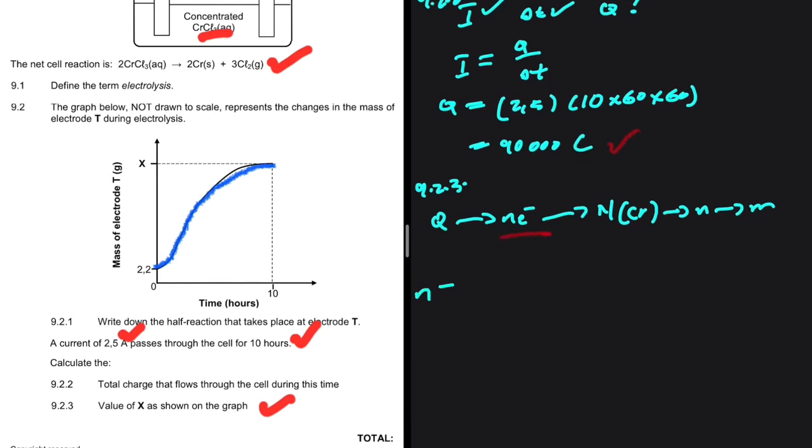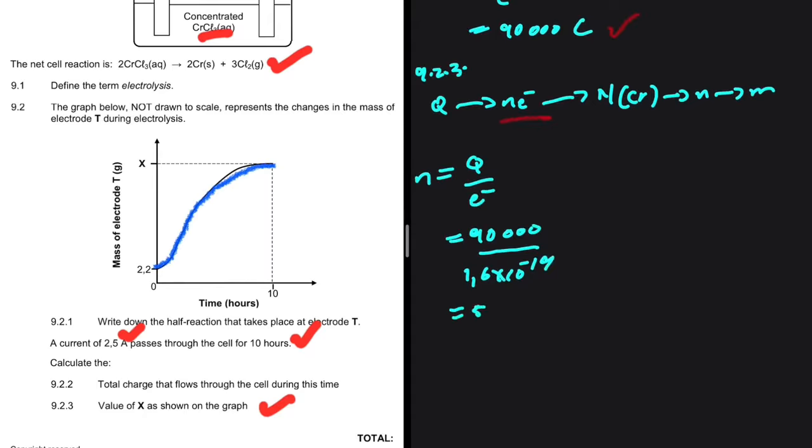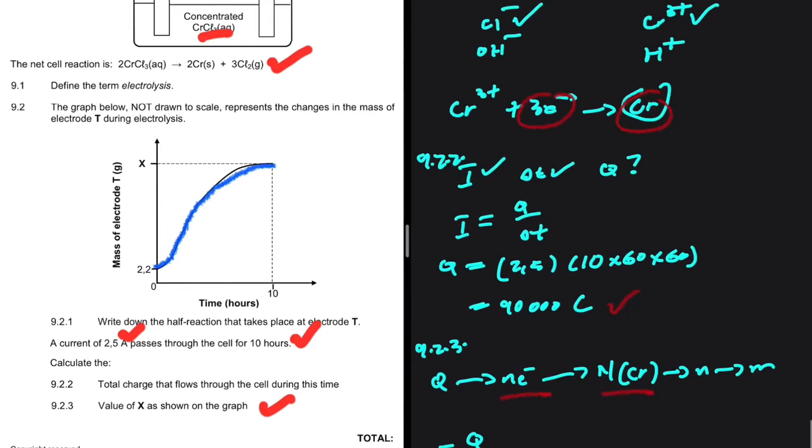The number of electrons is equal to the charge divided by the charge of an electron. This will give us 90,000, which is the charge we determined above, divided by 1.6 times 10 to the minus 19. That is equal to 5.63 times 10 to the power 23 electrons. Let's use it to find the number of atoms of chromium. Well, 3 electrons will give us 1 atom of chromium.